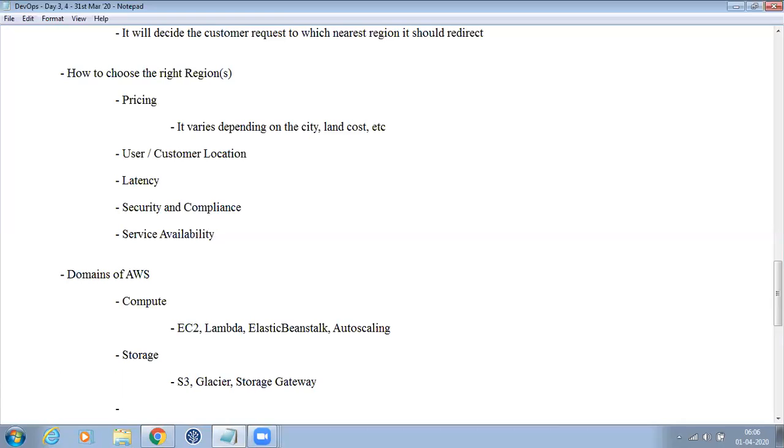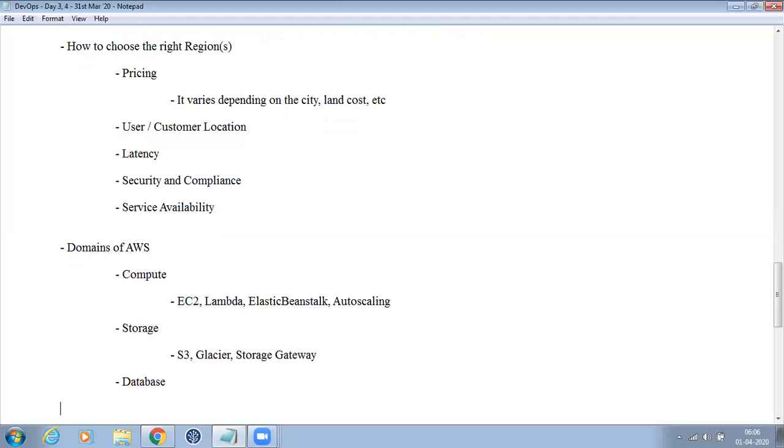Next, we have another category called database. Under database, we have RDS, DynamoDB, Redshift, and ElastiCache.